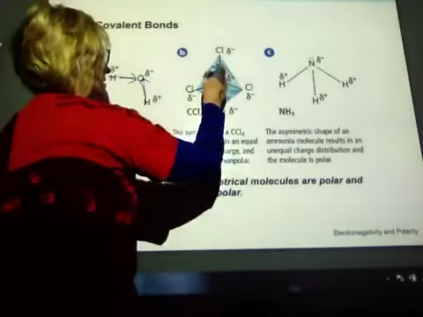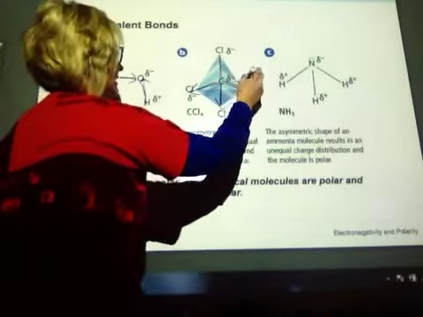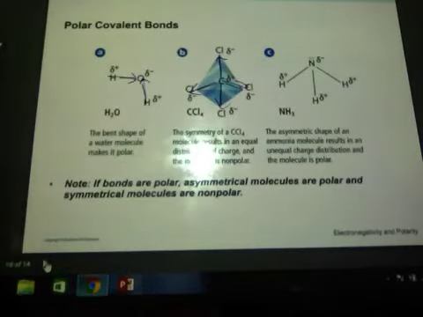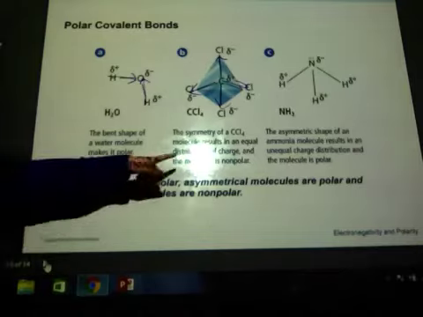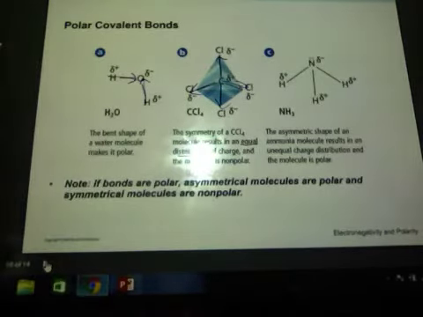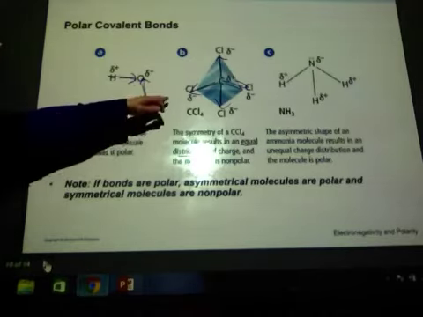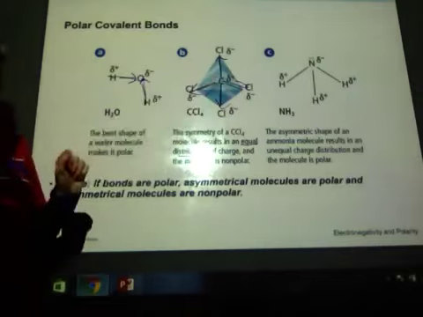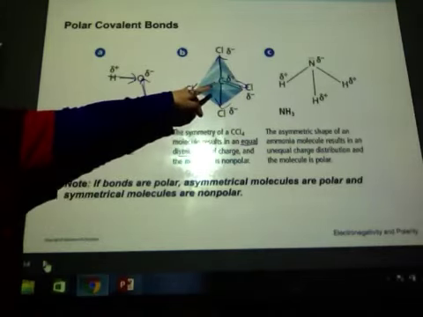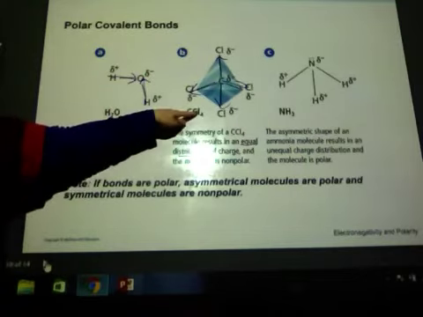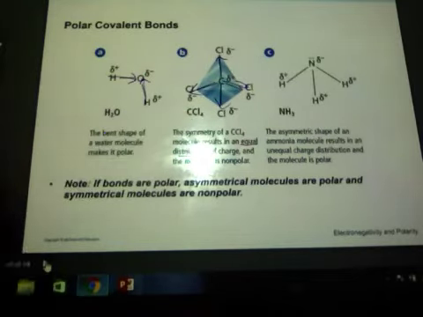Abby, is this one balanced evenly? Yes. It's tetrahedral. Even though in reality the lines aren't exactly straight out, it's balanced. They all go out the same direction, the same length. That would be a nonpolar molecule.